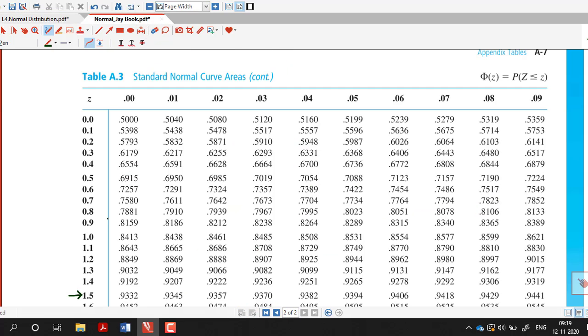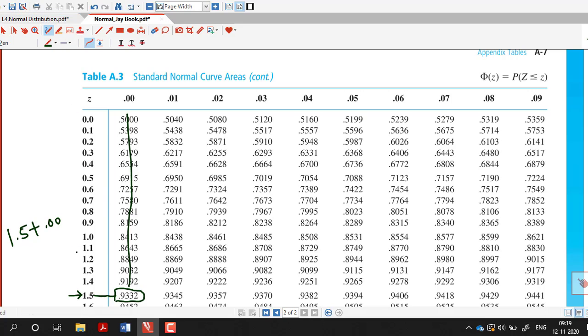So 1.5 plus 0.00. We concentrate on the intersection of these two, 1.5 and 0.00, which is 0.9332.